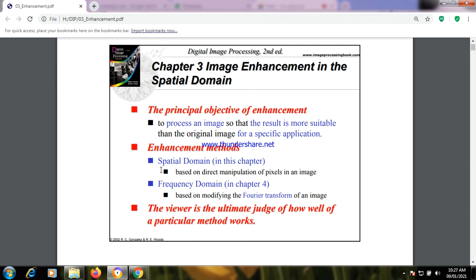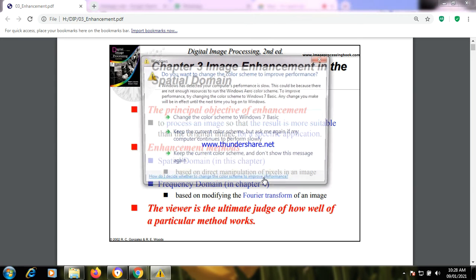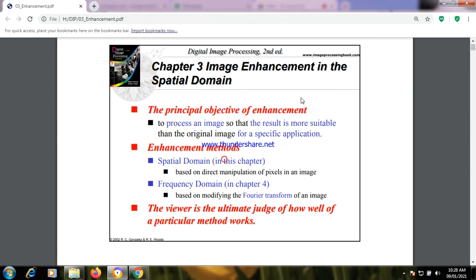Enhancement methods, as I said, there are two types. First one is the spatial domain. Spatial domain means we are applying these techniques mainly on the pixels of the image. So that is called the spatial domain method, or I can say it is based on the direct manipulation of the pixels in an image.